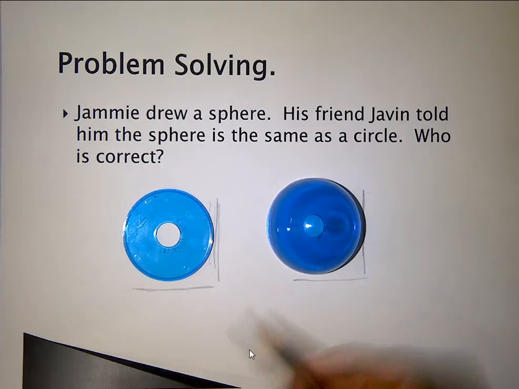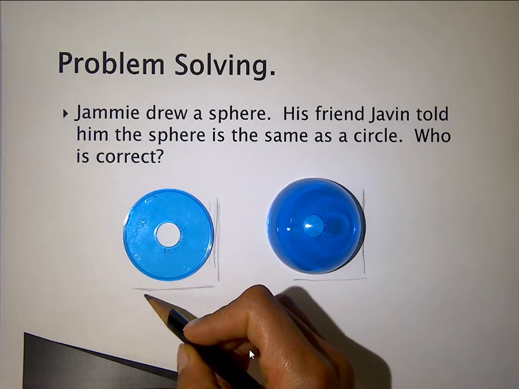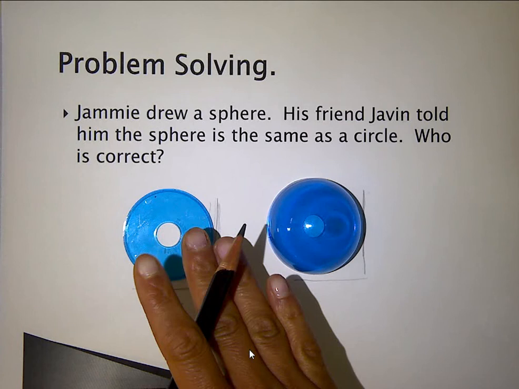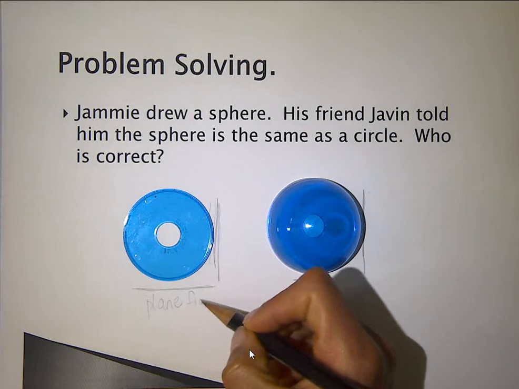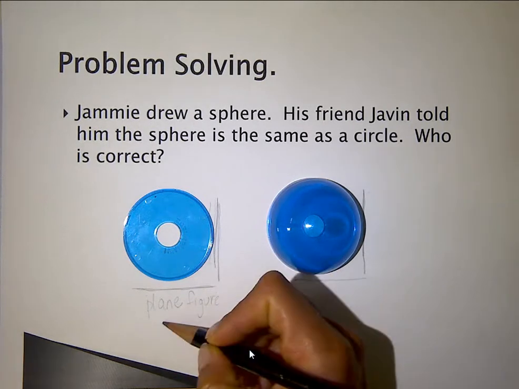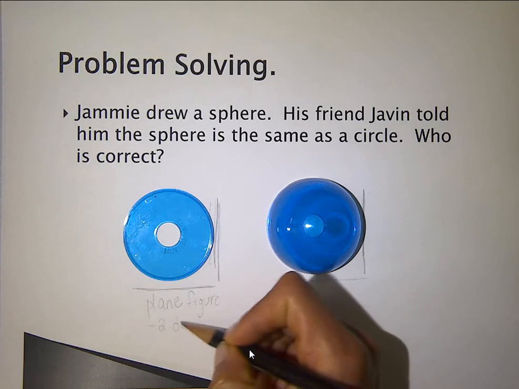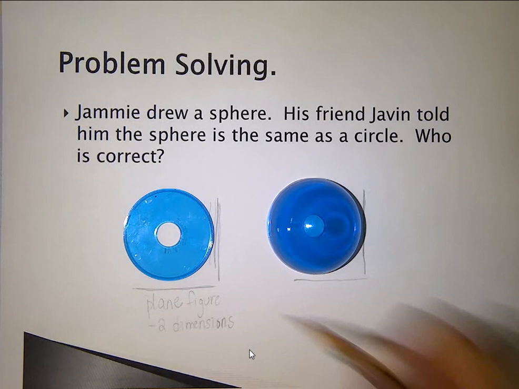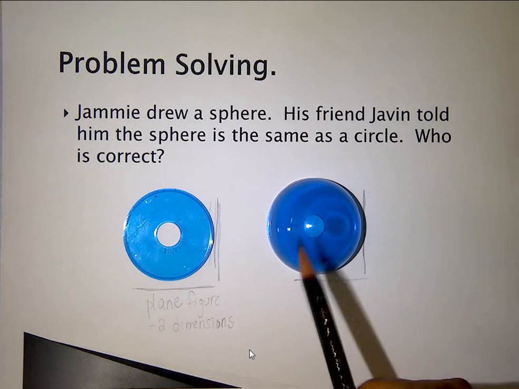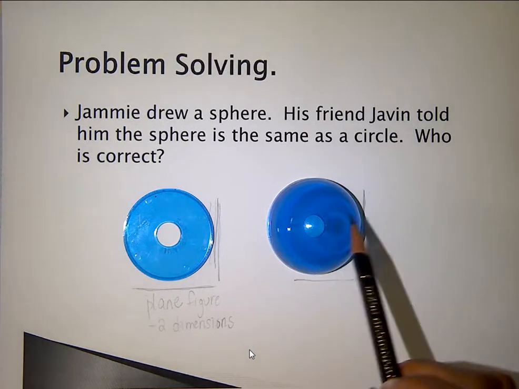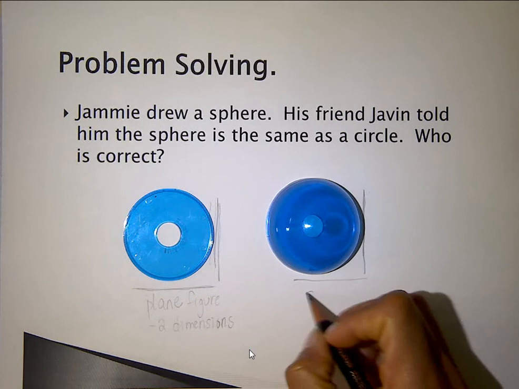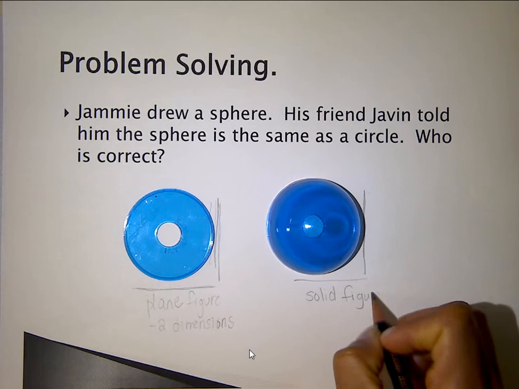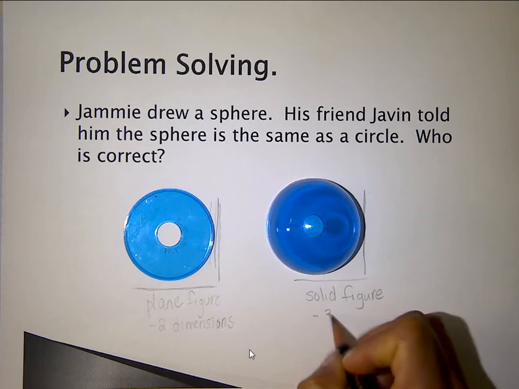So a circle, which is a plane figure, plane being the flat surface, has 2 dimensions. And the solid, which is the sphere, which is a solid figure, has 3 dimensions.